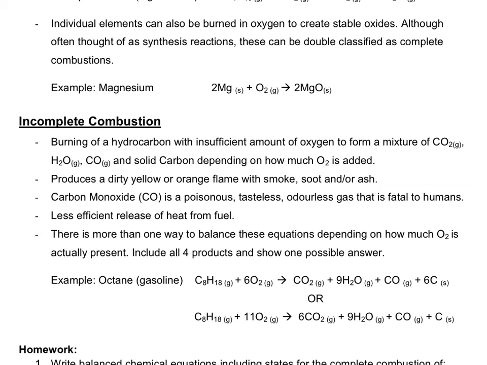When you make carbon monoxide, it's a poisonous, tasteless, odorless, colorless gas, which is fatal to humans. And this is why you need to have a CO detector in your house, because often we have appliances in our homes like furnaces and water heaters, and some people have gas stoves that can build up CO in your house and potentially kill you.